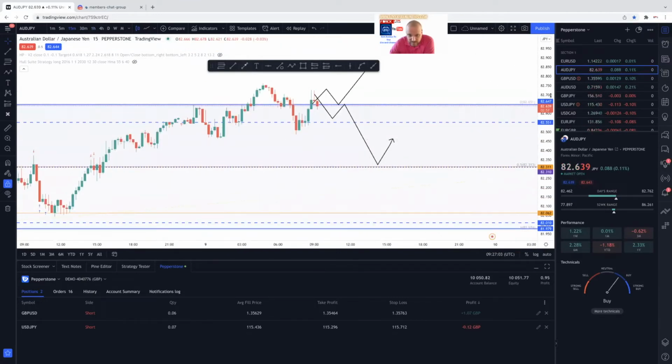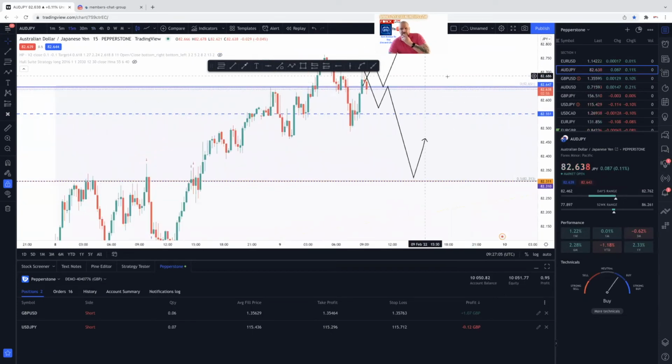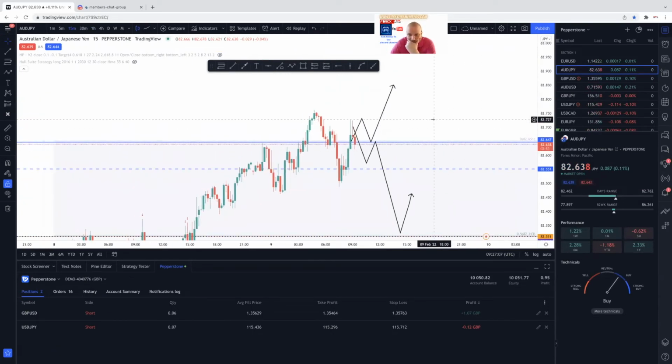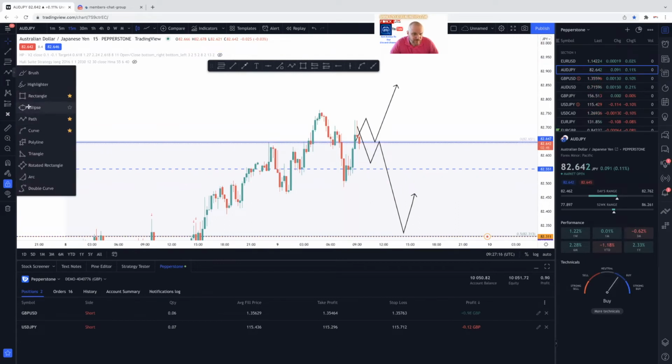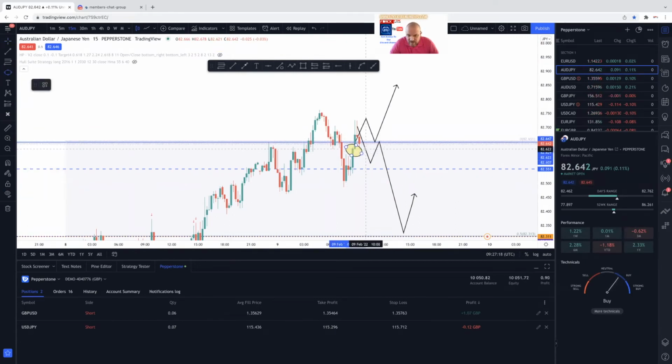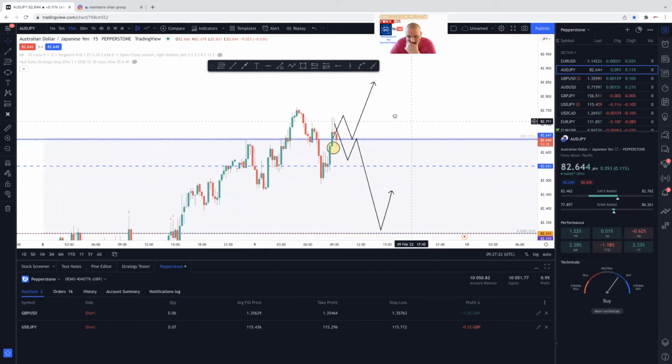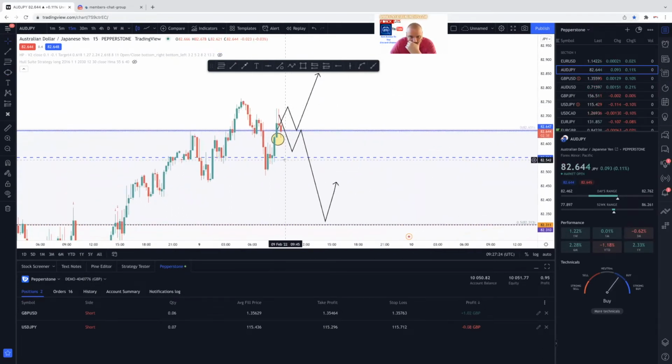15 minutes. I want to see it break this structure. I need to see it break that. Again, let's take a look. Set another alarm, because we've just reanalyzed that. Set another alarm there.